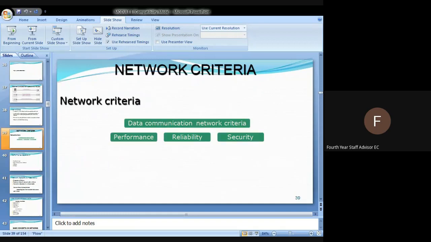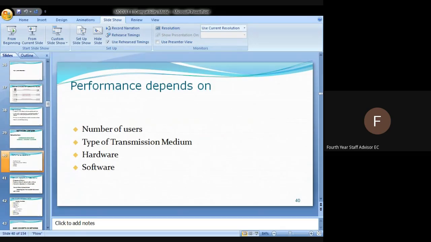So I repeat, the three parameters are performance, reliability, and security. Performance, as I already told, is measured mainly by the transit time as well as the response time, and it also depends on the number of users, the type of transmission medium, the hardware, and the software.